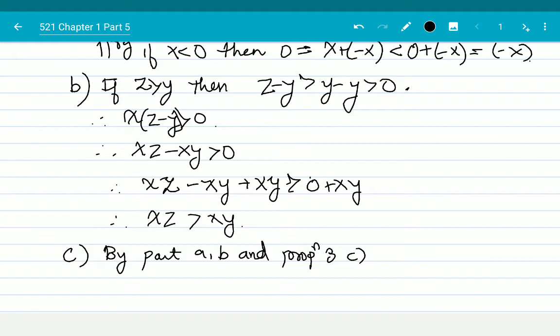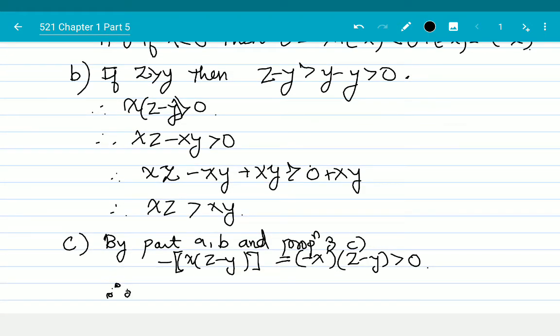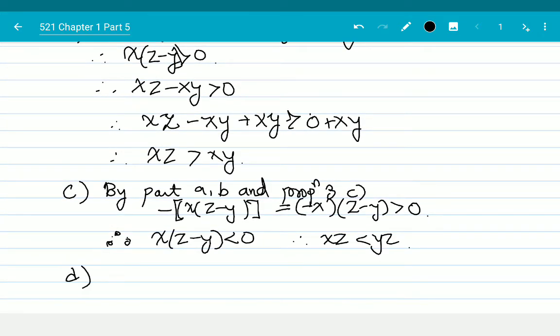I have that negative x times z minus y is greater than 0. Therefore, x times z minus y is smaller than 0, and therefore xz is smaller than yz. So I don't have to do the complete proof. I can use properties that I have proven before.